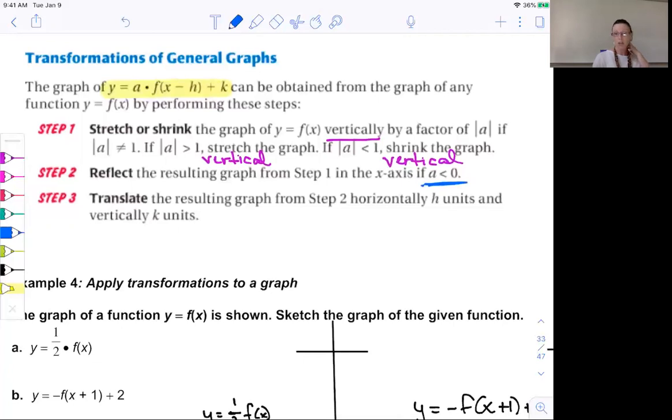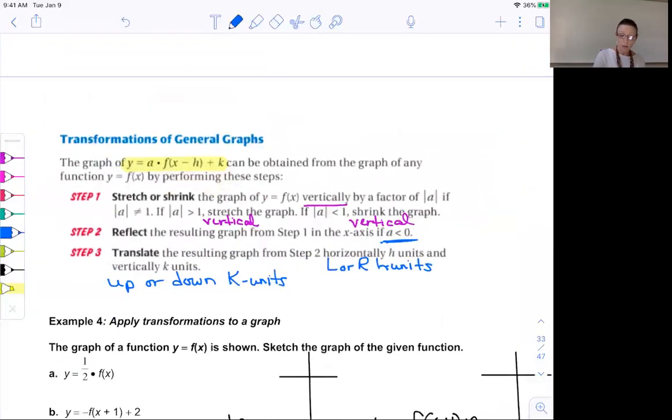And we're going to shift it by whatever h units are horizontally, meaning left or right, and vertically k units, which means we would go up or we would go down. Now I know that's a lot of information, but that's really what we were doing with our absolute value graph.